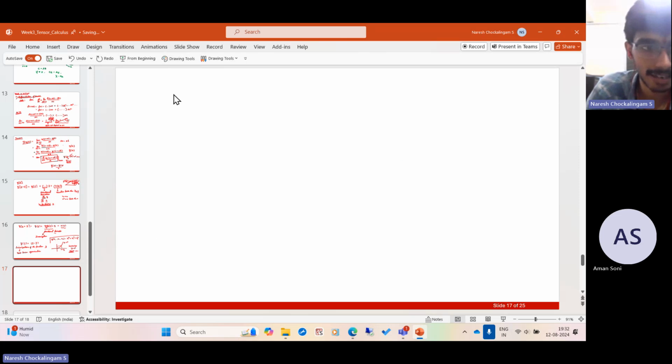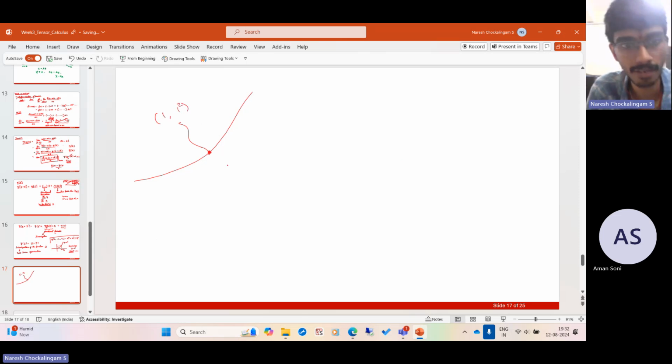The function is highly nonlinear, and this point is (1, 1), since it is 1 and 1 square.